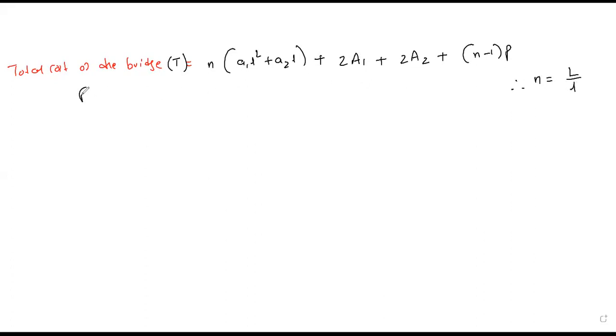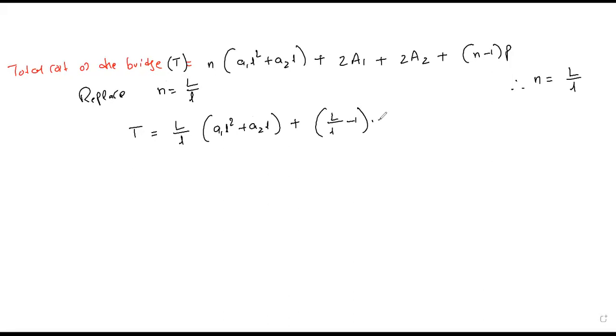Now replace N is equal to capital L by small l. The equation becomes T is equal to capital L by small l of A1L square plus A2L, plus capital L by small l minus 1 into P plus 2A1 plus 2A2.